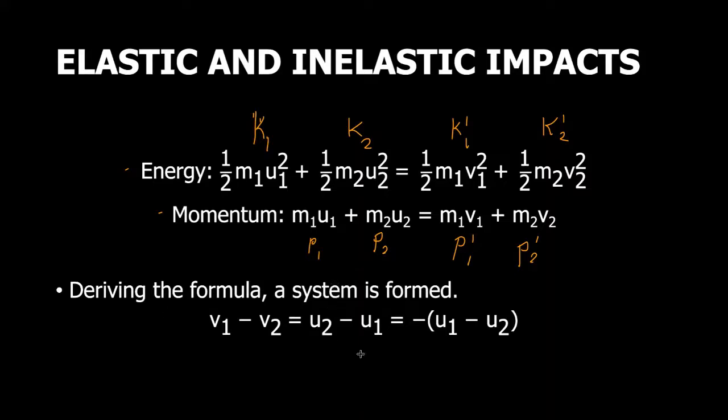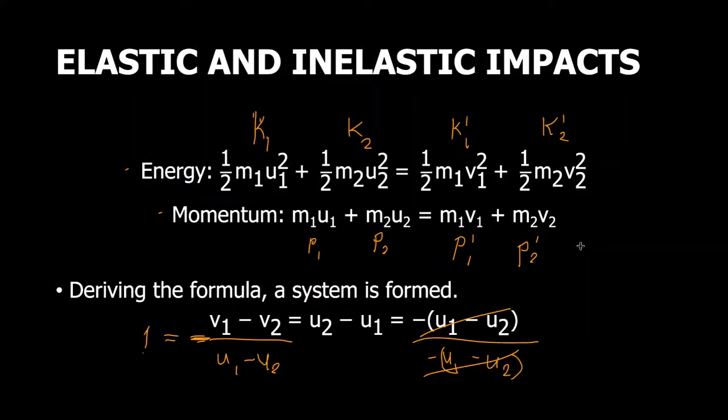When we divide both sides by negative (u sub 1 minus u sub 2), we get some interesting results. The negatives cancel, so that is equal to 1, since in an elastic collision energy is conserved. This is what we saw earlier as the E value.